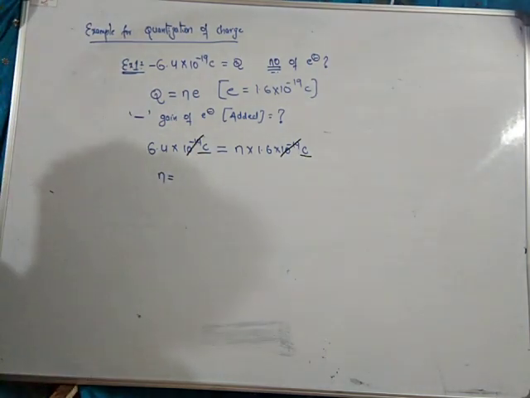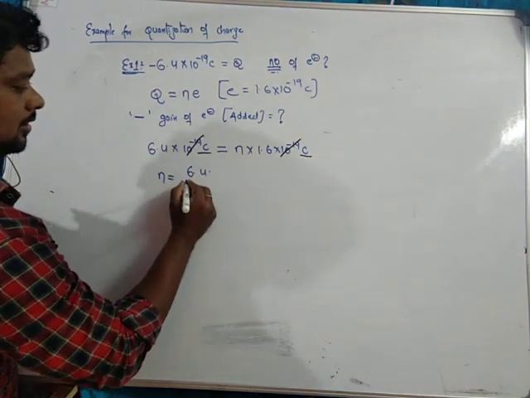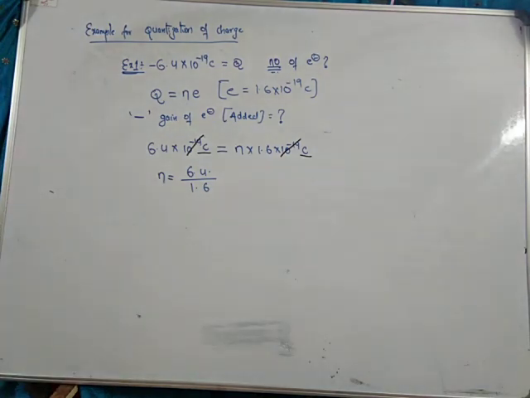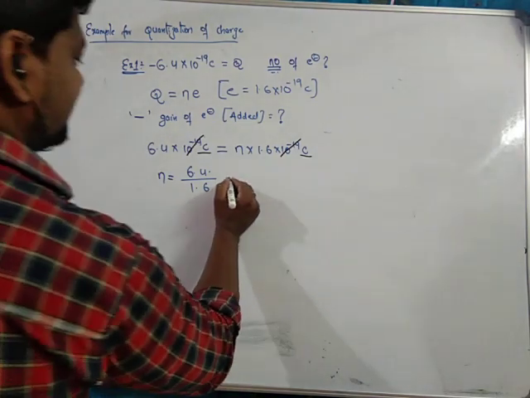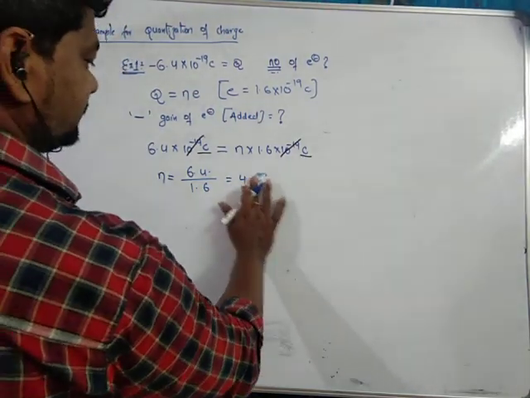We get N equals 6.4 divided by 1.6, which gives the value 4.